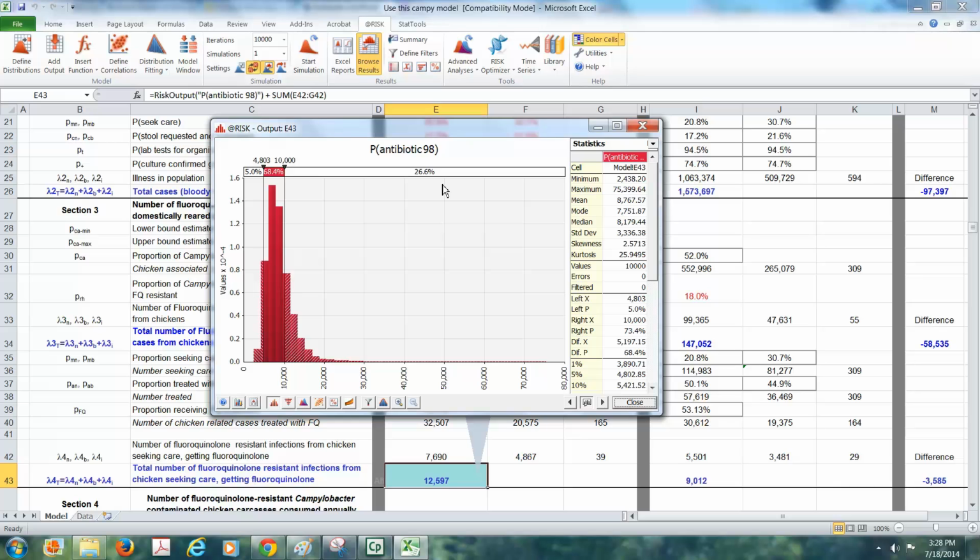So that's important information. 2,400 people, maybe the boss is going to say, that's not a big enough public health problem for us to worry about. 8,700 people, I don't know. That might be on that edge. But when we tell the boss that it could be as many as 75,000, that might begin to change things a little bit.